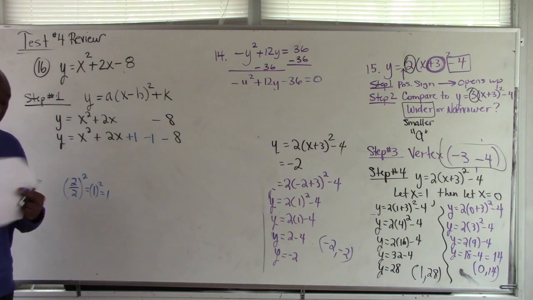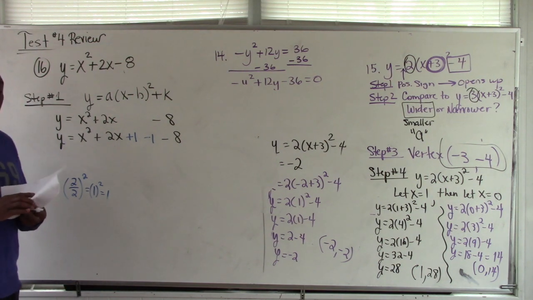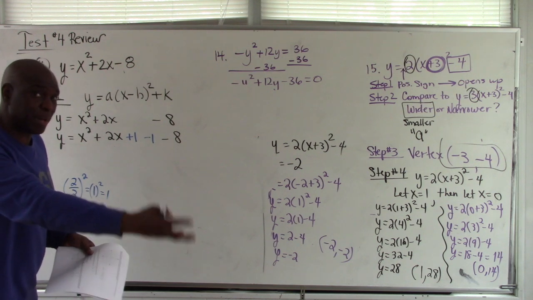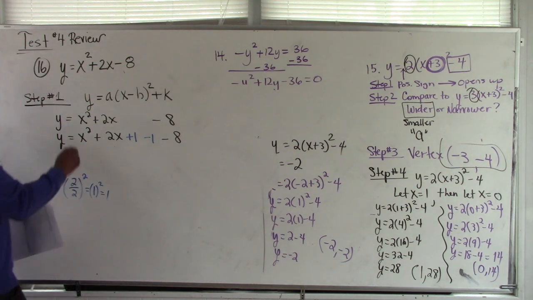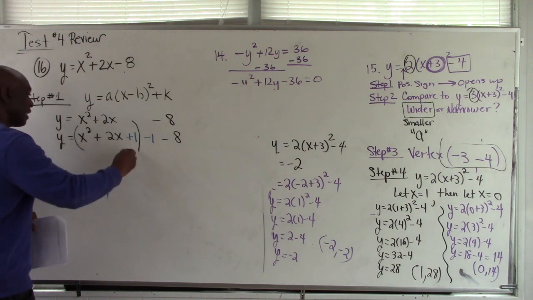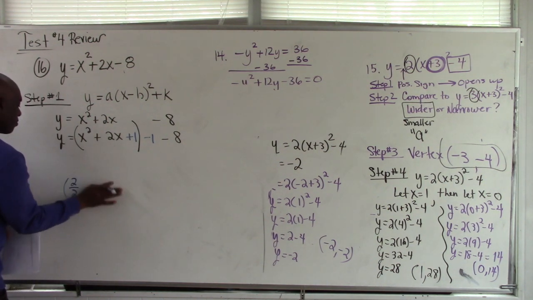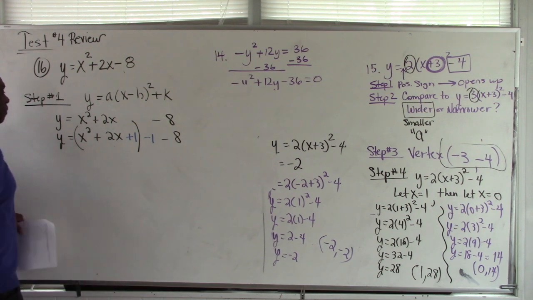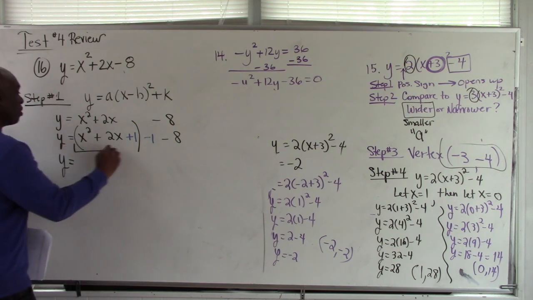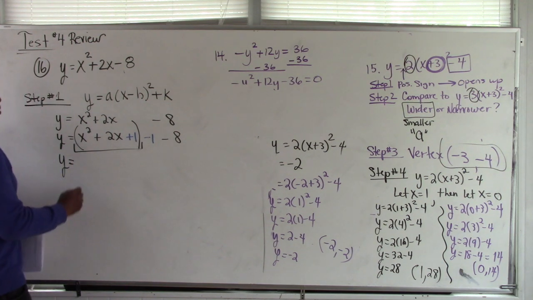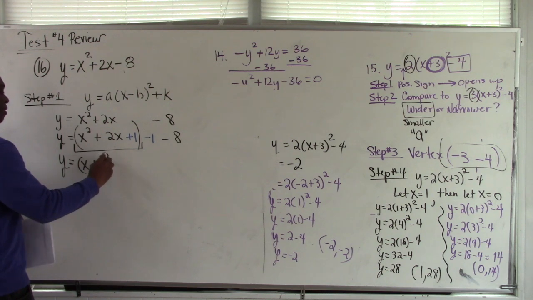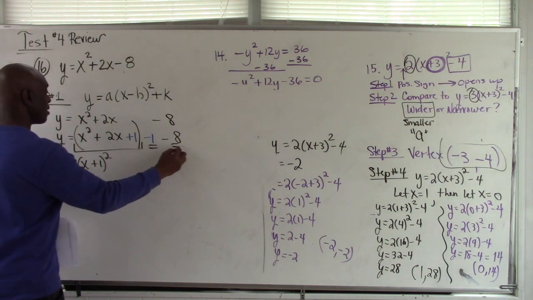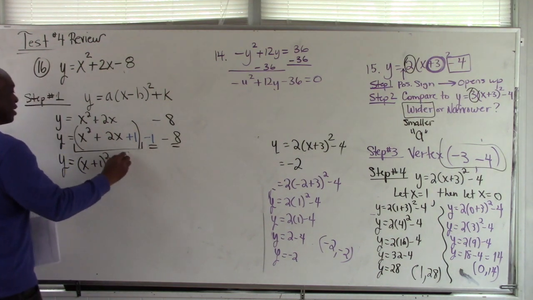Notice the blue does nothing. You're giving something and you're taking that same amount away. But you do that for grouping purposes. So now we have to group like that. You see? Have to group it. So now we're going to have y equal, you take your trinomial square and write it as a binomial square. That's going to be x plus 1 squared. And negative 1 minus 8 is a negative 9, and you're done. There you go.